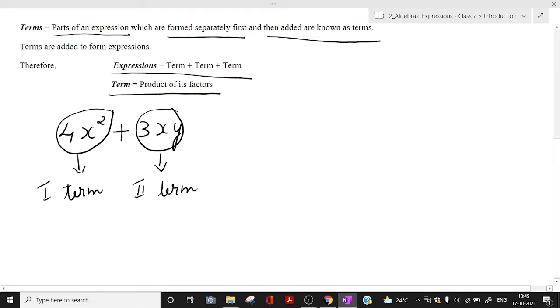That means in this expression, we have 2 terms. The first term is 4x squared, and the second term is plus 3xy.